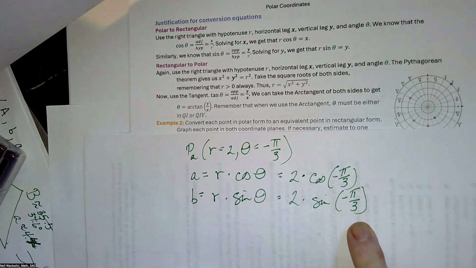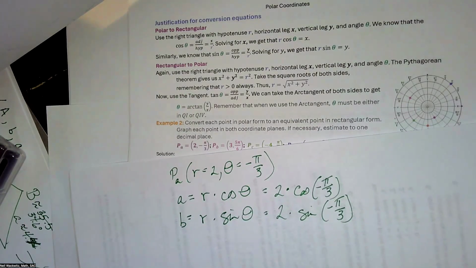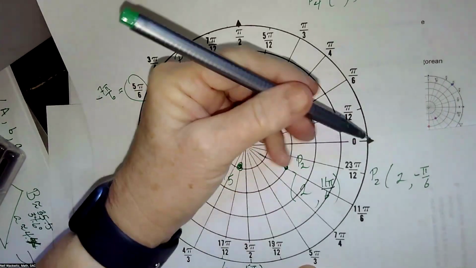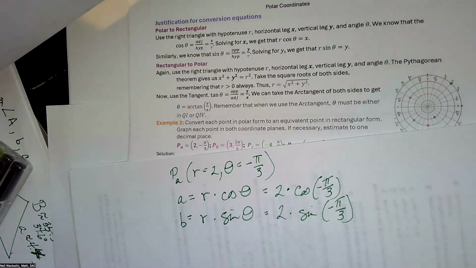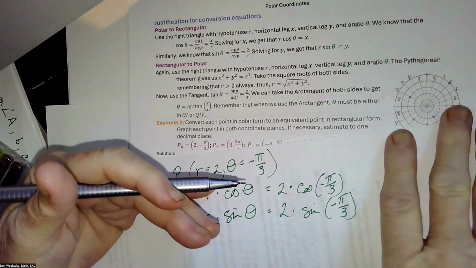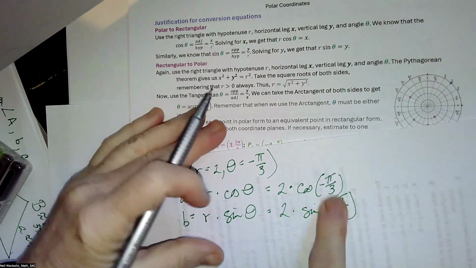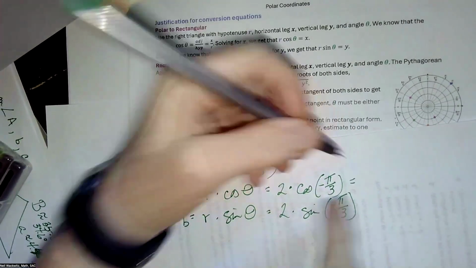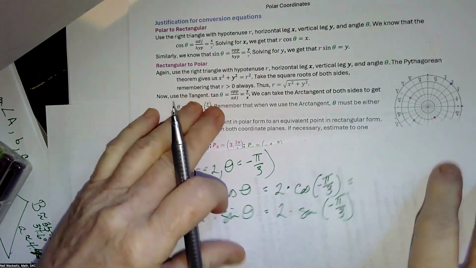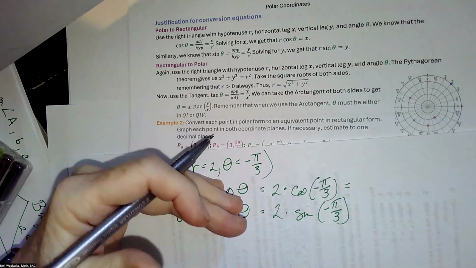Where is the angle negative pi over 3? Which quadrant? The fourth quadrant. Good. It's right here. So what are the coordinates of that point? That's our sine and cosine. In other words, what is the cosine of pi over 3, and what is the sine of pi over 3? And then we'll just have to correct for signs.